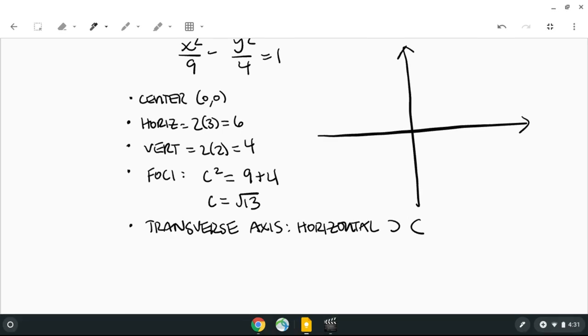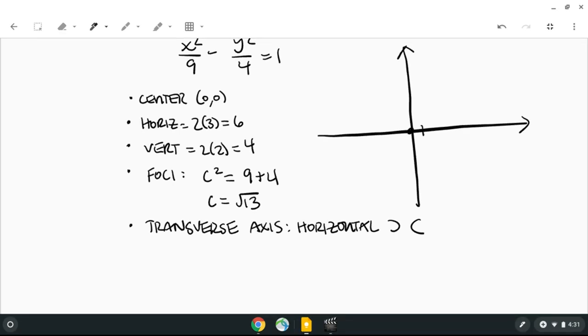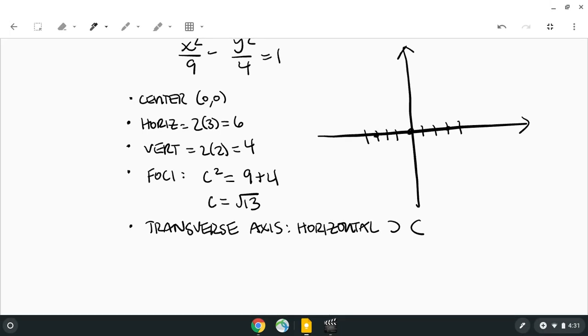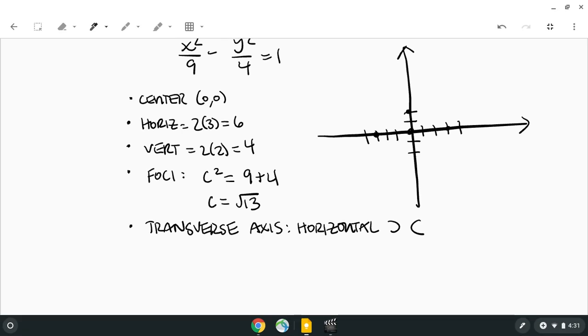All right, center is at 0, 0, horizontal 6, 3 on each side. 1, 2, 3. 1, 2, 3. Vertical 2 up, 2 down. Okay.